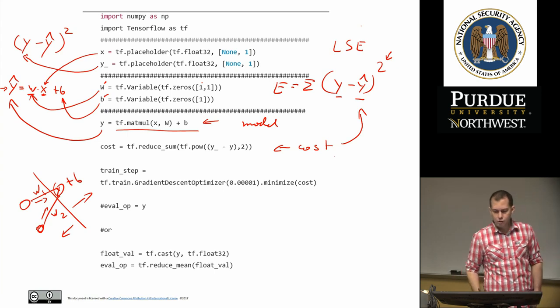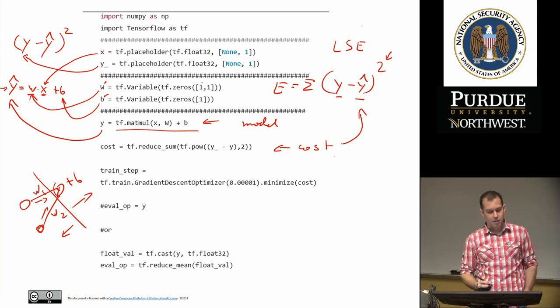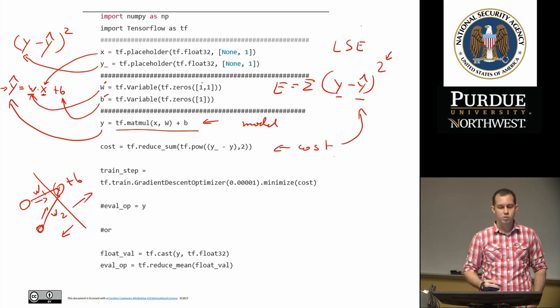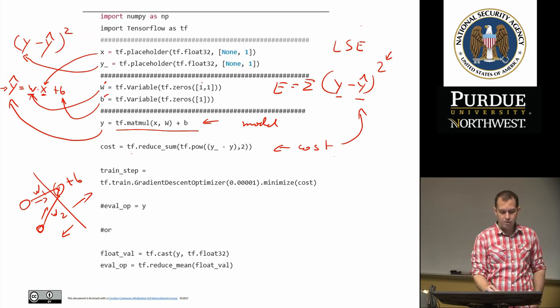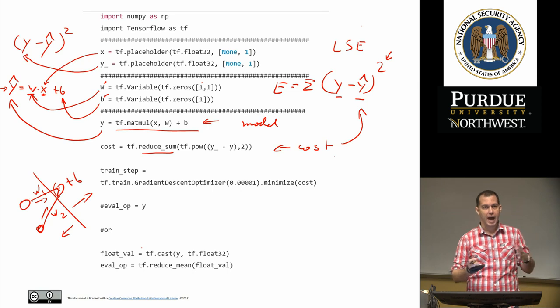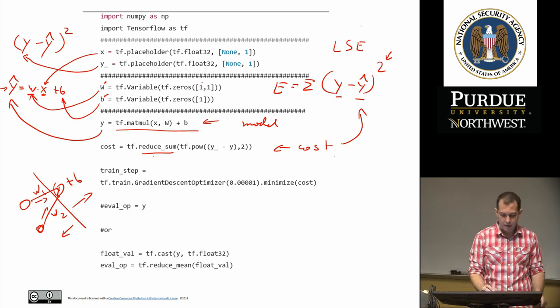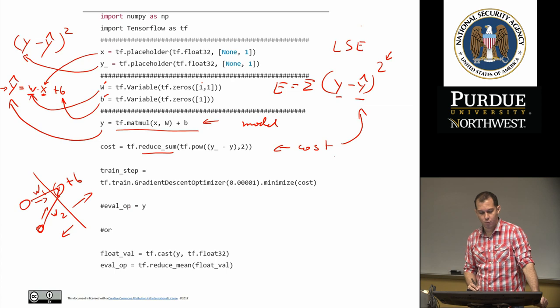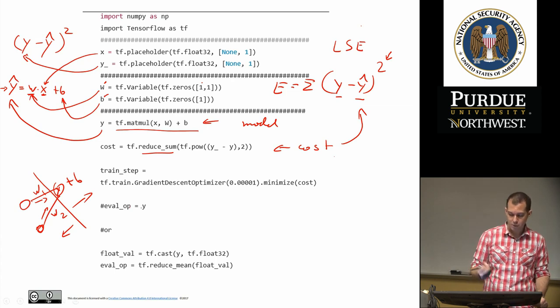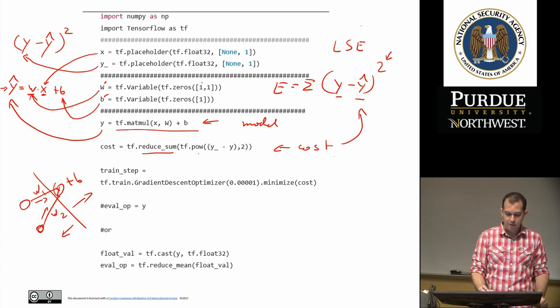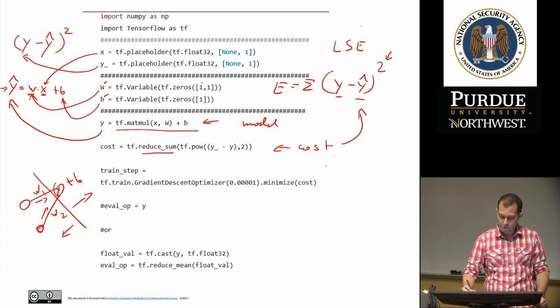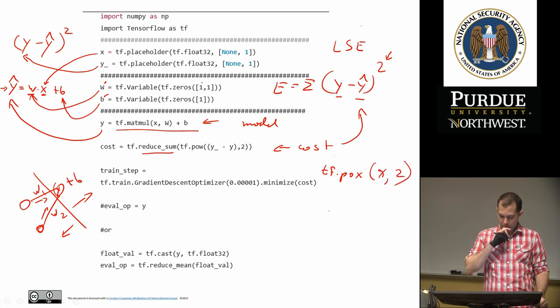Okay? So a little bit of TensorFlow, as you've seen by now, pretty much every time you want to use something from the TensorFlow library, you say tf.reduce_sum, right? So this is, as I said, reducing, adding up the values in the vector. I'll provide a more formal definition of this function in the next few slides. tf.pow is just basically a function that takes some value x and then the parameter.